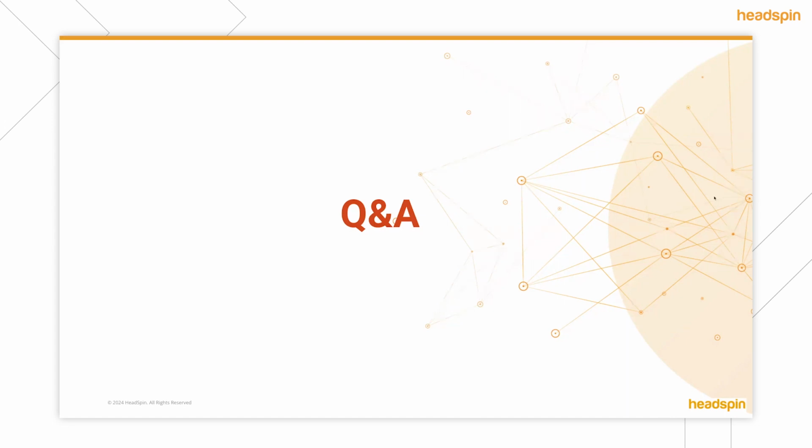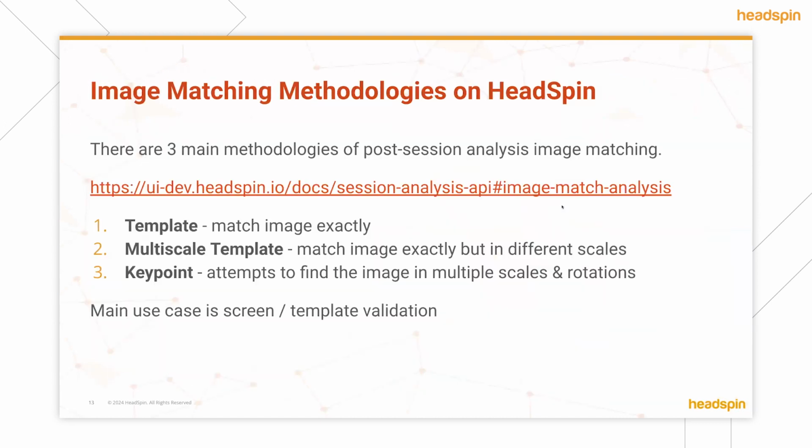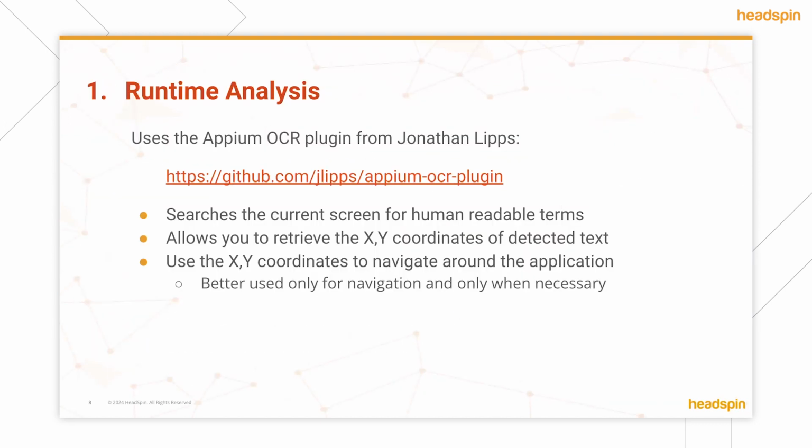Any additional setup we need? There is only additional setup to do the runtime Appium OCR navigation example. This does require you to install the Appium OCR plugin. And again, this is the one that I don't think will work on desktop browsers.